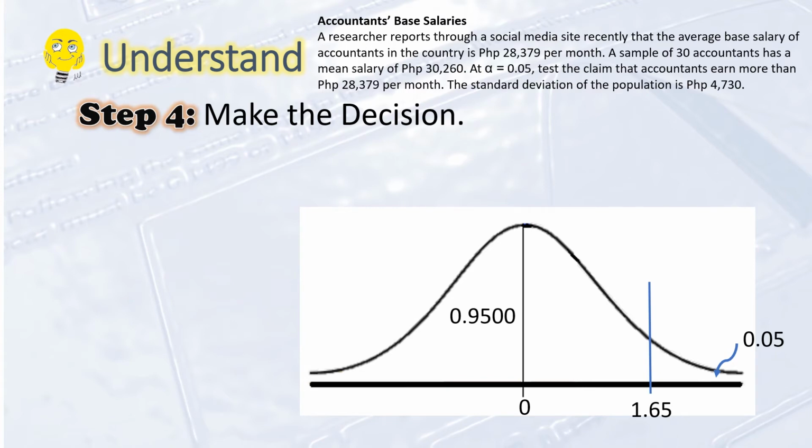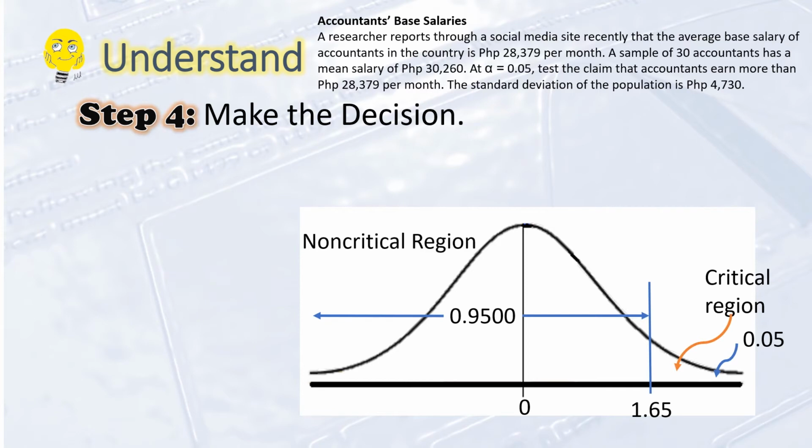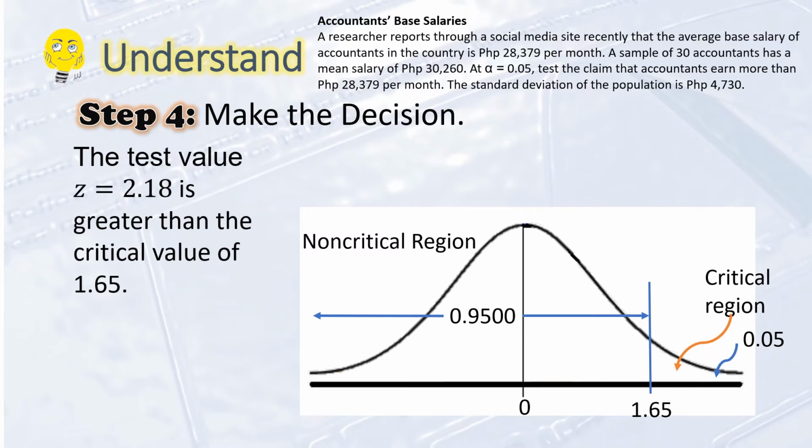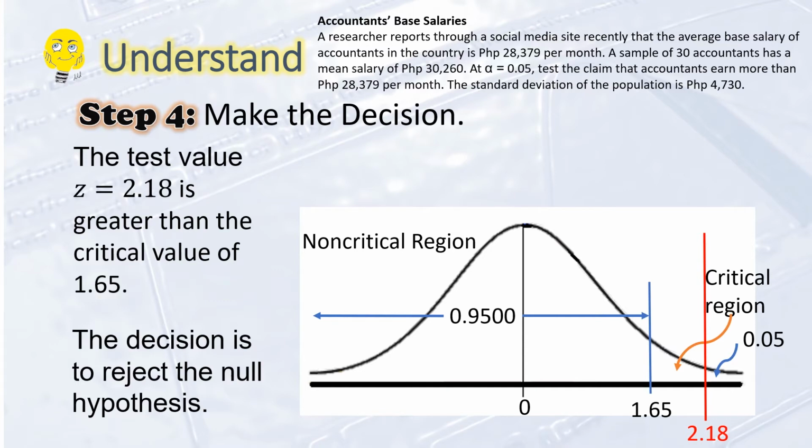To the right of the critical value is our critical region, and to the left, that is our non-critical region. The test value of 2.18 is greater than the critical value of 1.65. Since it falls on the critical region, the decision is to reject the null hypothesis.